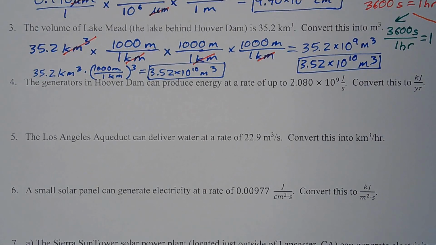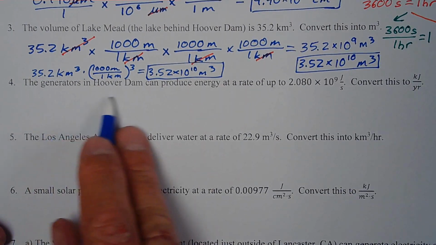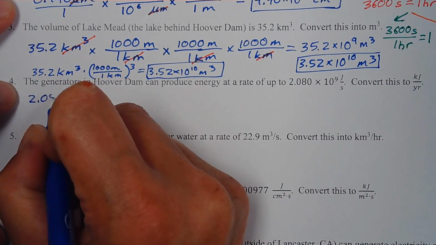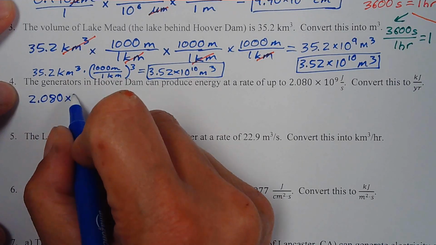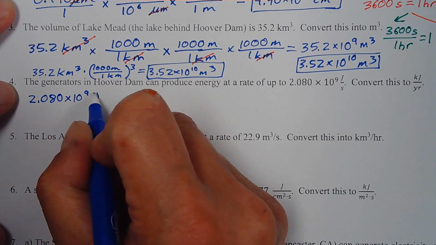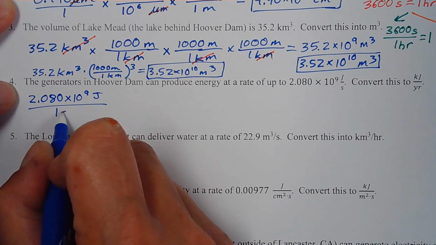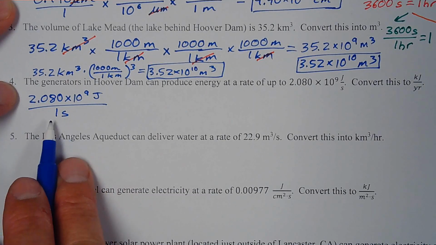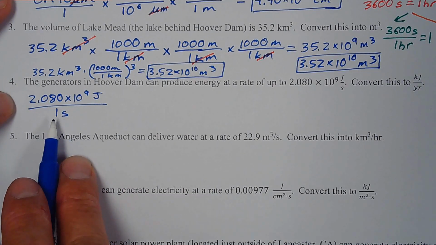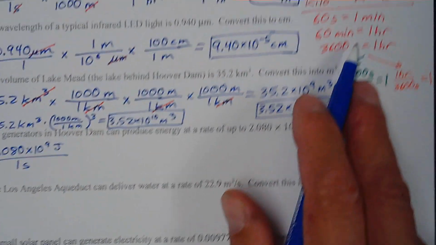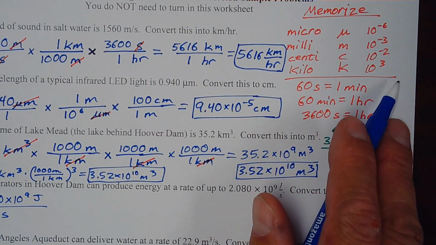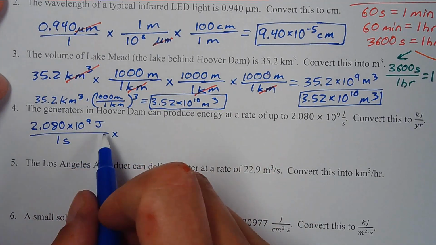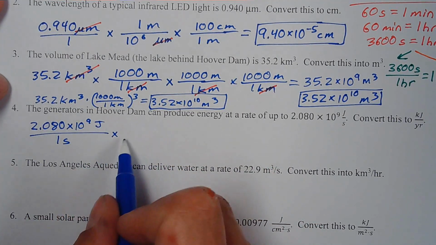Okay, with that brief interruption aside, the generators in Hoover Dam produce energy at a rate of 2.080 times 10 to the 9th joules for every 1 second, right? Units on the bottom means you write the units on the bottom with a 1 next to it. And now we have to convert joules to kilojoules. That's a straightforward kilo units to base units conversion.